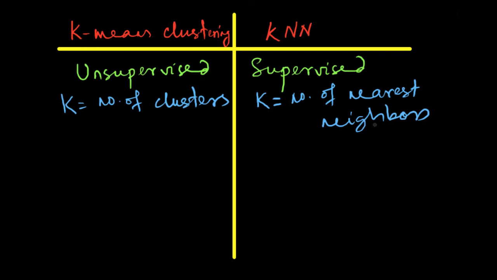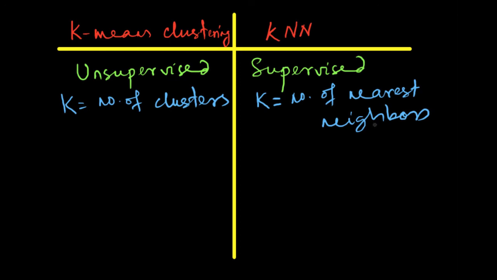So in KNN, what happens is that you are given an already labeled data set where you have some input data points and you also know which label is assigned to each of those data points. And now using the KNN algorithm, your job is to figure out for a new data point which class or which label it should belong to.